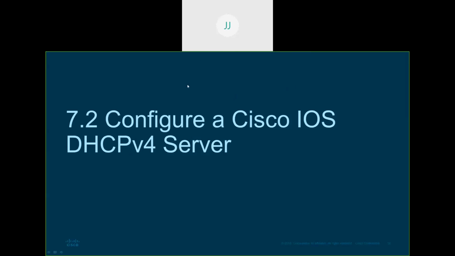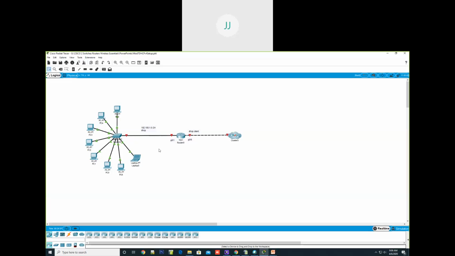Let's take a look at a Packet Tracer example here. We're going to set up this network using DHCP. It's a very simple network, one router, one switch. There is another router in the cluster, which represents the ISP. We're going to configure a DHCP server on gigabit 0/1 to assign addresses out of this network to these hosts.